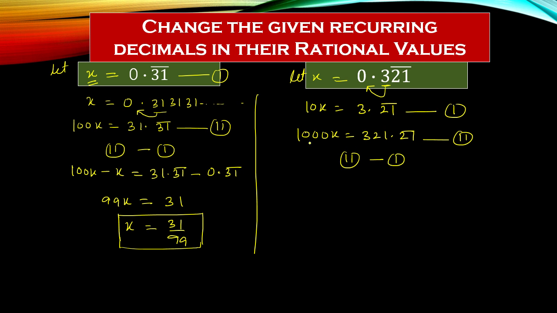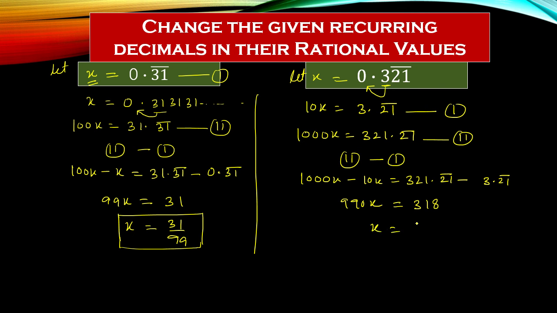The left side is subtracted by the left side, that means 1000x minus 10x, and 321.21 bar minus 3.21 bar. So we can say the result on the right is 318, and on the left hand side we find 990x.